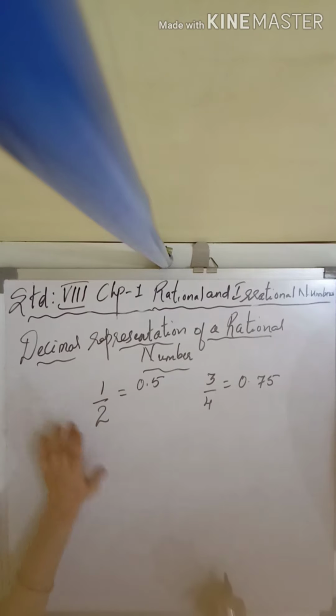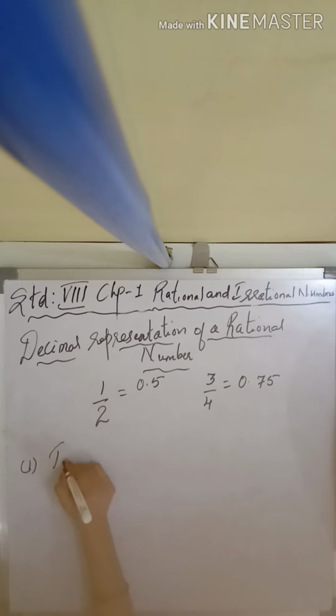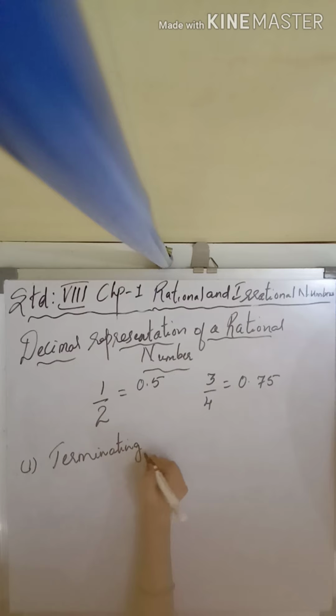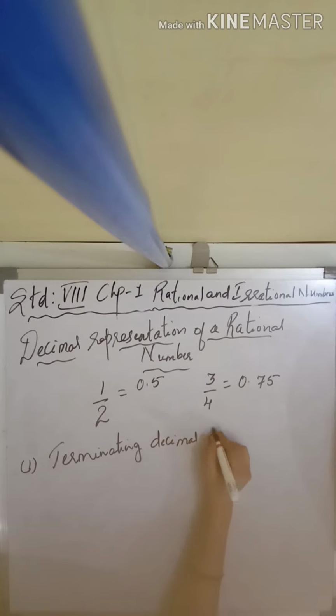But these decimal representations of a rational number are of two types. The first type is, write down, terminating. This decimal representation is of two types. Write down, terminating decimal form. First one is terminating decimal form.